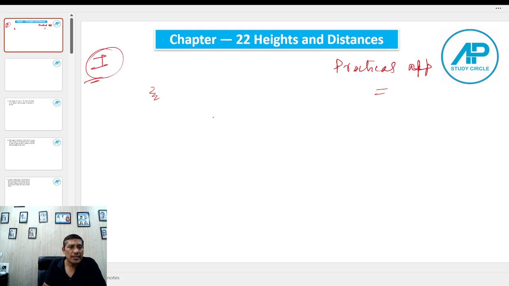Understand the first case: a man is standing on the ground and he is observing an object at some height, say the rooftop, such that the rooftop is h meter high. The man is standing x meters from the foot of the building on the ground.